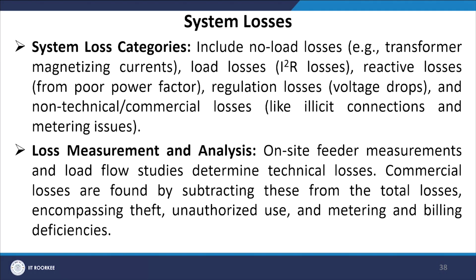Loss measurement and analysis: on-site feeder measurements and load flow studies determine the total technical losses, and commercial losses are found by subtracting these from the total losses, encompassing theft, unaccounted power, unauthorized use, and metering and billing deficiencies. So, this is probably unaccounted as well as commercial losses together.